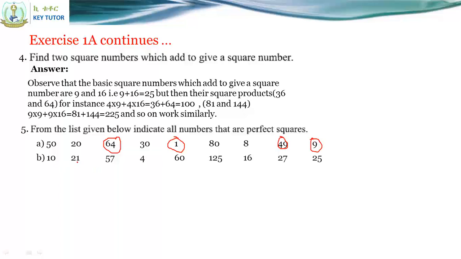Here 10 is not a perfect square, 21 is not, 57 is not, 4, yes, is a perfect square. 60 is not, 125 is not, 16 is a perfect square, 27 is not, 25 is a perfect square.